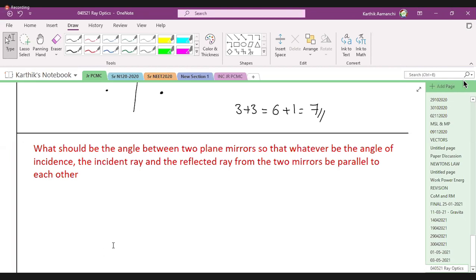So in terms of angle of incidence, for any angle of incidence, whatever be the angle of incidence, the incident ray and reflected ray should be parallel.